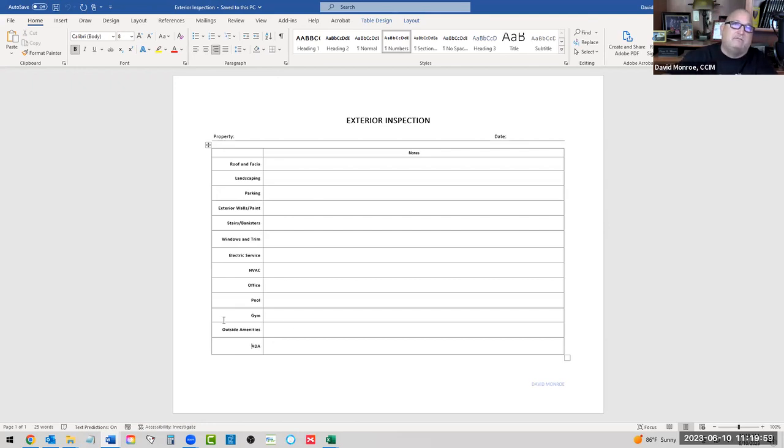Staying on ADA for a minute, some of the rules surrounding that. If a handicap resident wants an apartment, and you don't have any apartments available, and that handicap individual will pay for the renovations to have a vacant unit brought to ADA compliance for their specific need, and if they agree that when they move out they will pay to have it turned back into a standard apartment, now you don't ever want to do this, but you do need to make them agree to it.